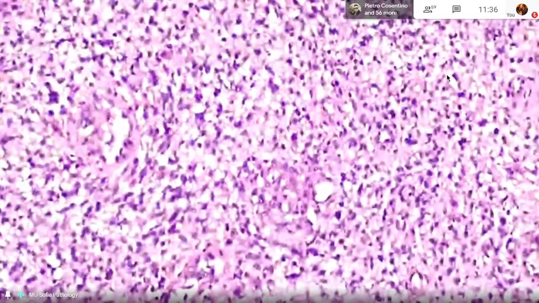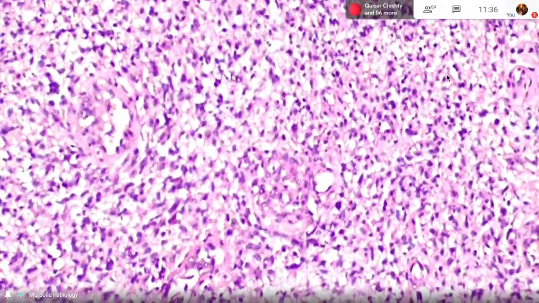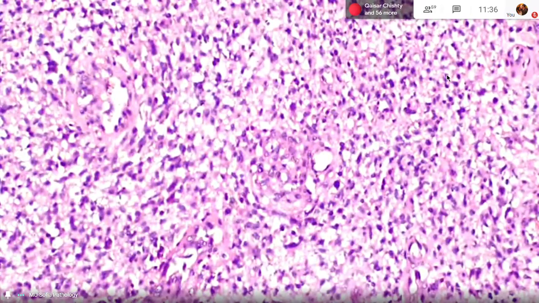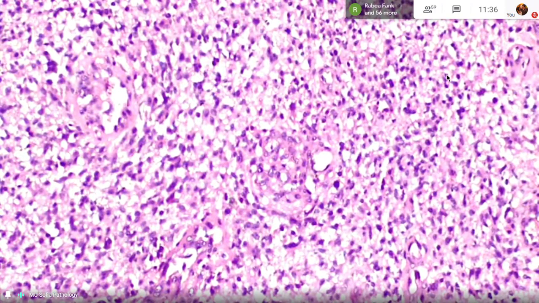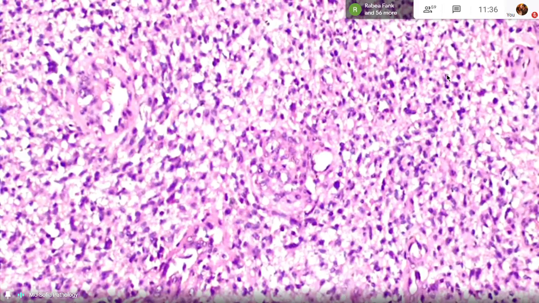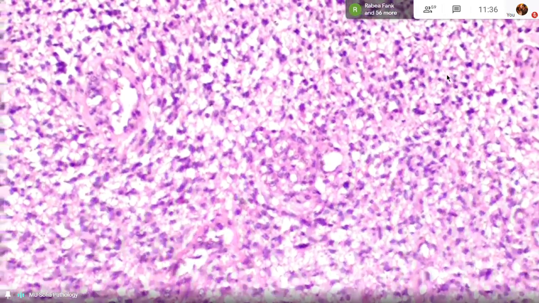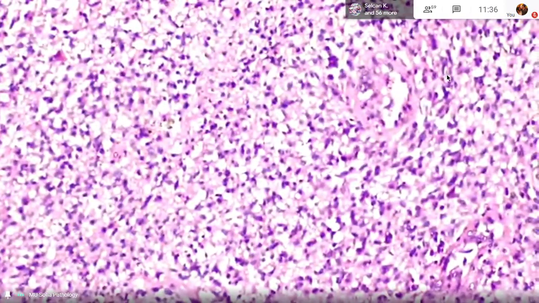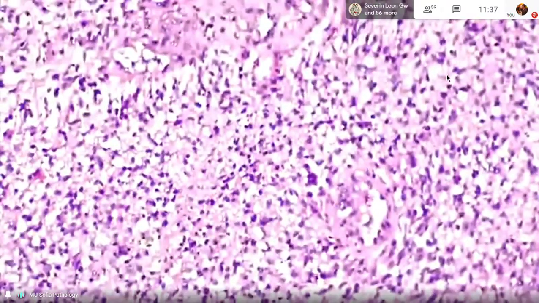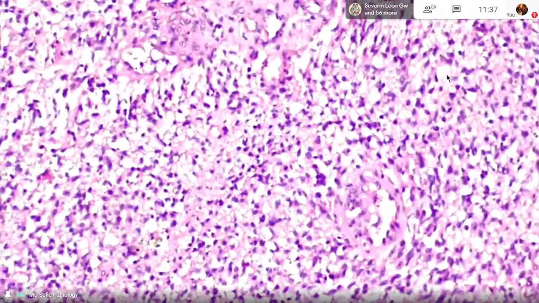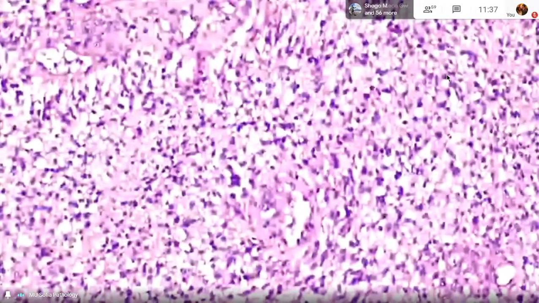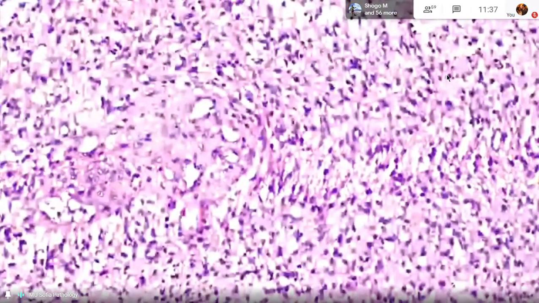Do you see this globular structure here in the center? And the polymorphism, some of the cells are multinucleated, some are giant cells like this. I'll put it in the center. Sorry for the movement. It will be better if I could use a pointer. And I'll put it in the center to see.